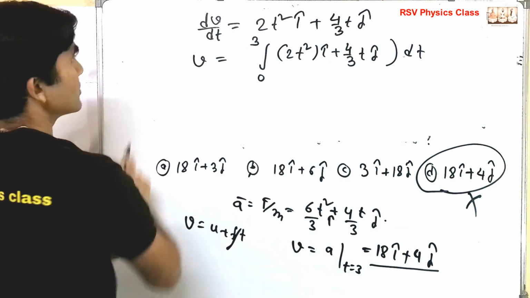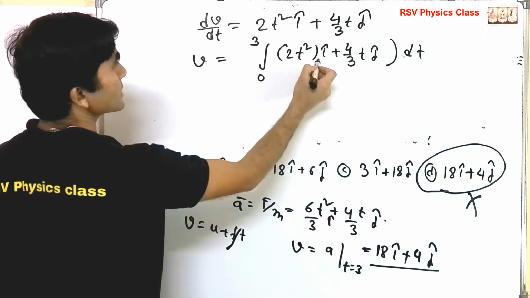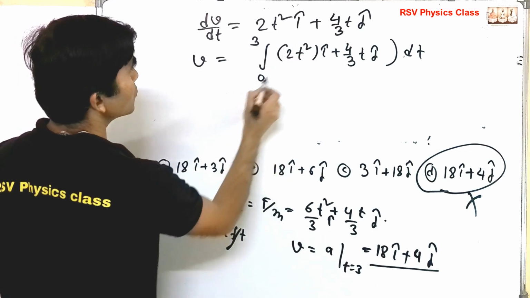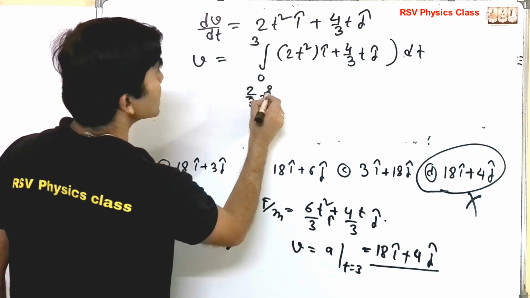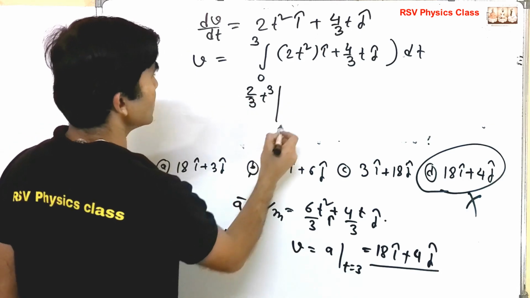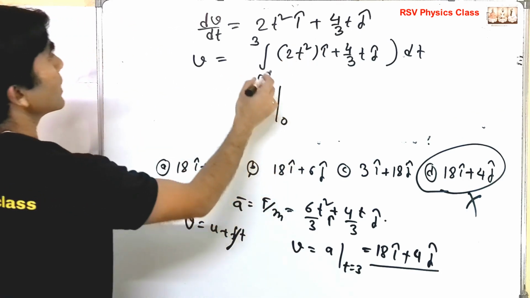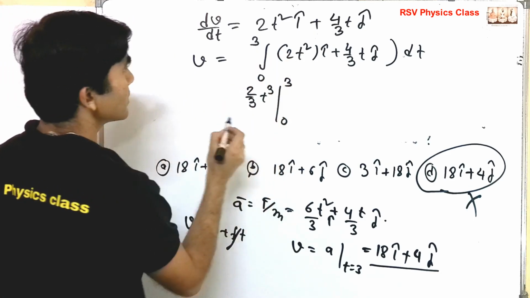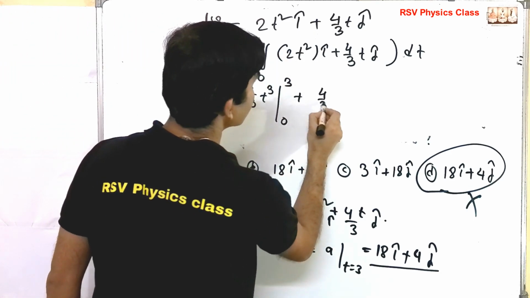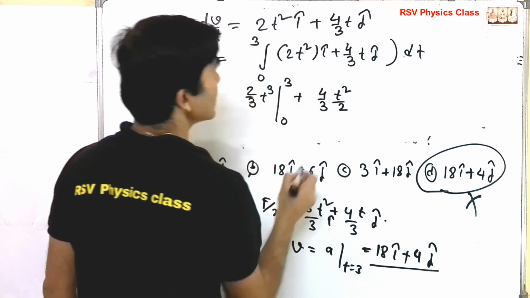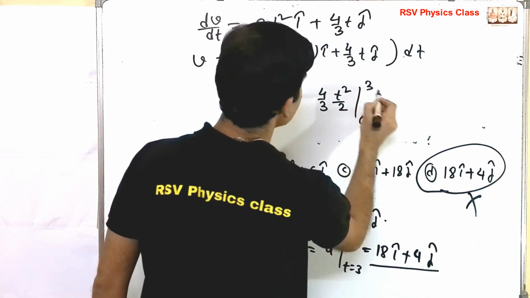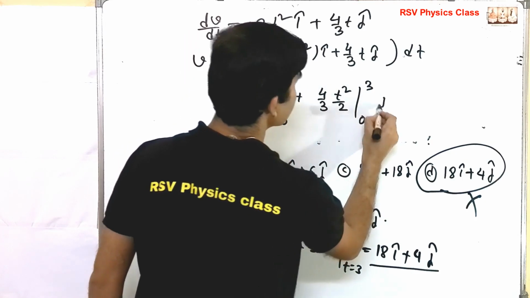Okay, so now let's see at t equal to 3 seconds. Obviously you get the integration of this. So 2/3 t cubed from 0 to 3, plus 4/3 t squared by 2, from 0 to 3, this is i cap, this is j cap.